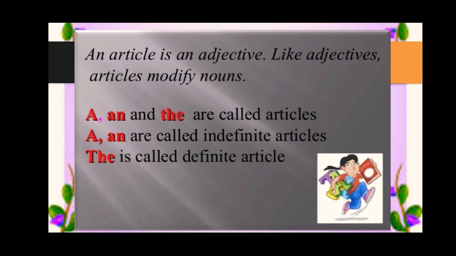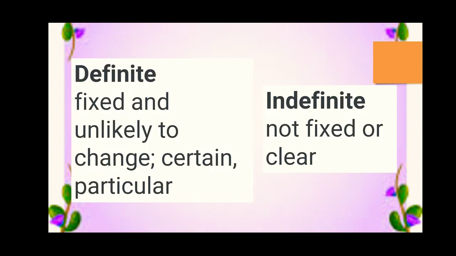Further, we categorize these into two parts. A and an are called indefinite articles, and the is called the definite article. So let's discuss first what is the meaning of definite.